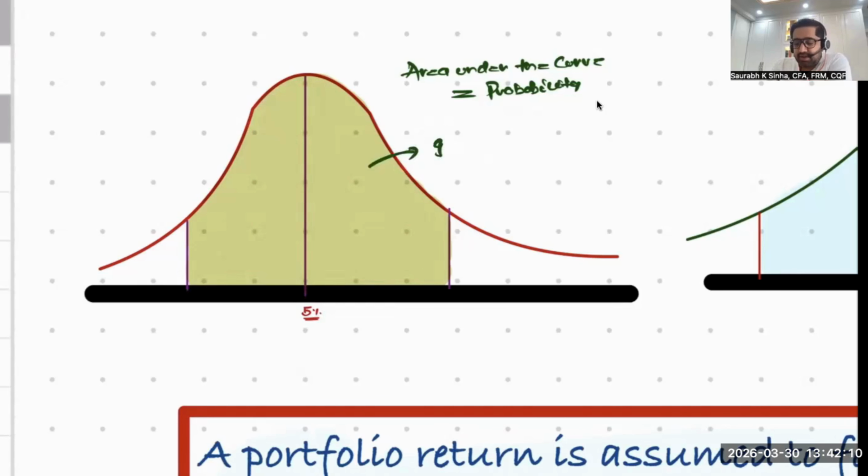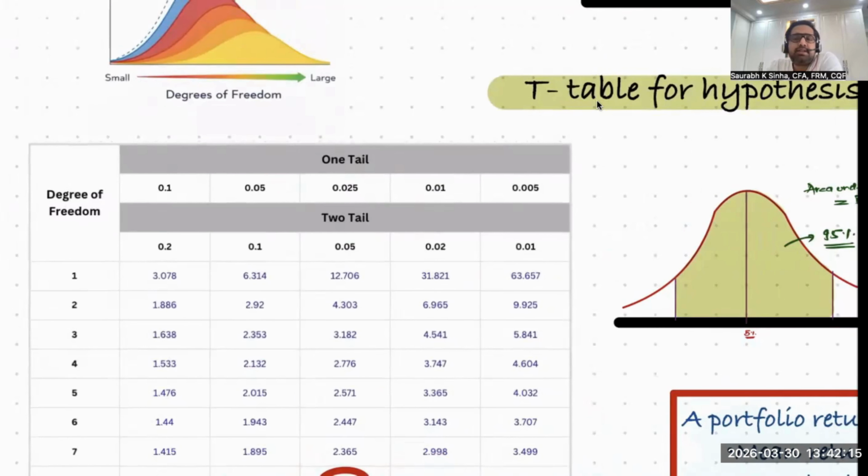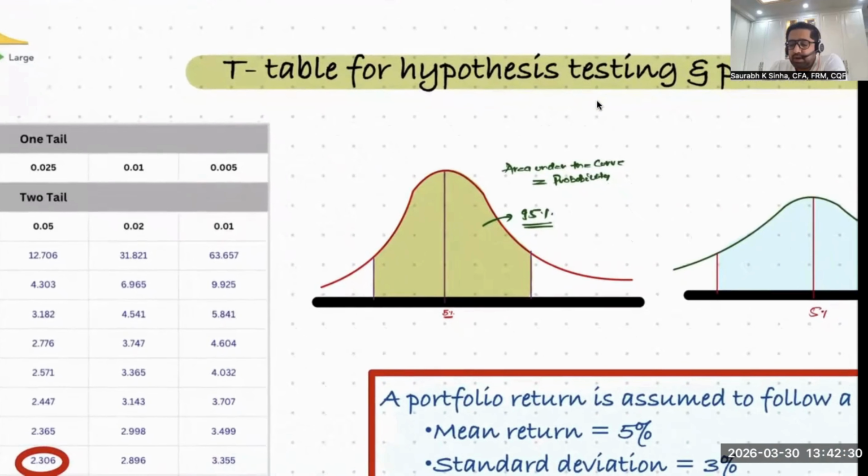But the problem with the T table is that it doesn't speak about probability in the body. It only gives probability in the tail. For the time being, we'll only focus on two tail, because we need the area in the two tails. If the area in the body is 95%, what should be the area in the tails?